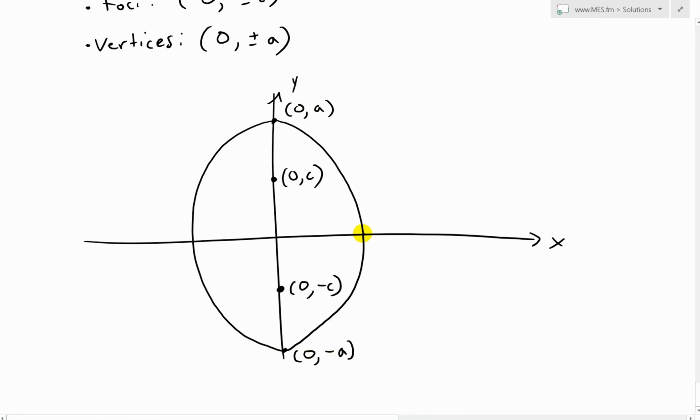Now on the x-intercepts we have (b, 0), and here (negative b, 0), and now this is b, this is c, and now we have our a there.